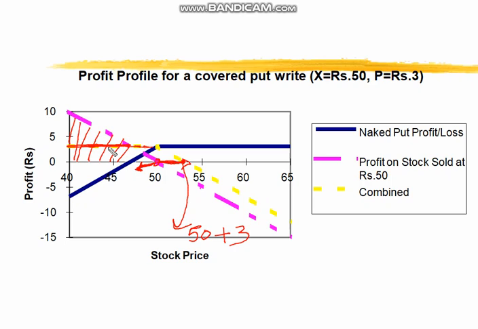And another thing is that if prices go beyond your expectations, they increase, right? Then you are able to reduce your loss only up to the amount of premium, right? So this is the protection which your short put is providing to your short stock position, right?